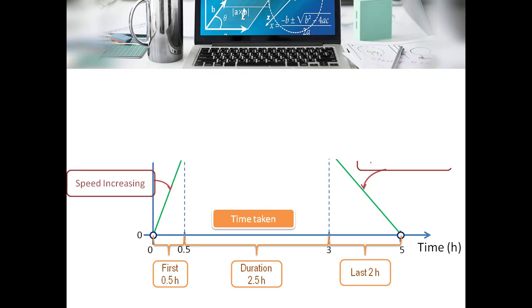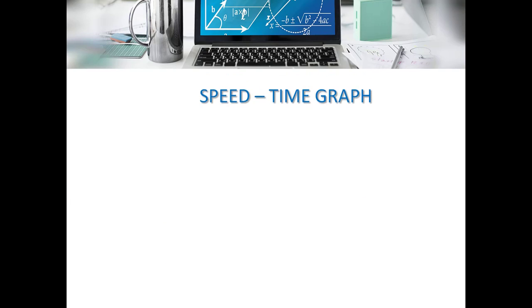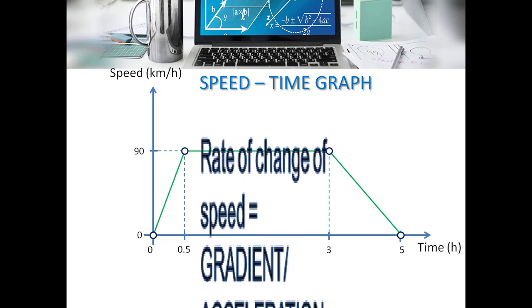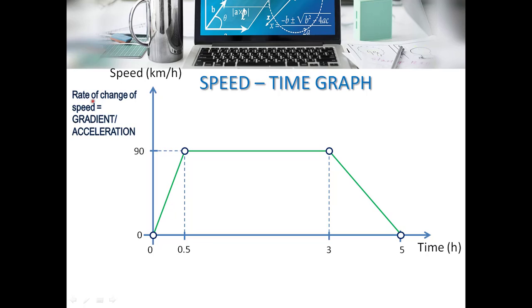Okay, so next we look at the calculation, the method. If you have the gradient for a distance time graph, you will get the speed. But what if you are given a speed time graph, what do you get for the gradient? The gradient gives you the rate of change of speed.